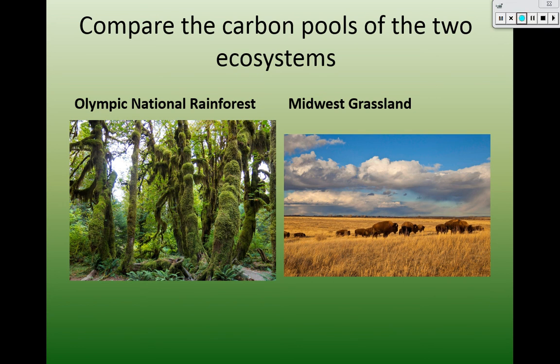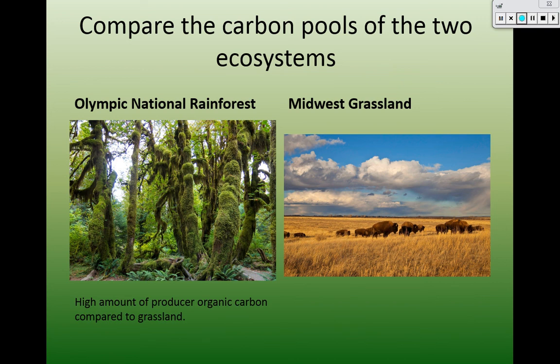One is a picture of the Olympic National Rainforest, which is right on the Olympic Peninsula here in Washington State. The other is a Midwest grassland. And I just want you to take a second, maybe pause the video, and think about how the pools of carbon in these two ecosystems may be similar and may be different. So go ahead, pause the video, take a few seconds, and then we'll see what you come up with.